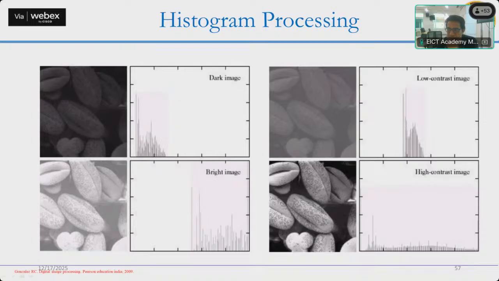One question: which is easy to conclude from, the bright image or the high contrast? If you see, it is best visible in high contrast. You can see for yourself, these are all four images here.